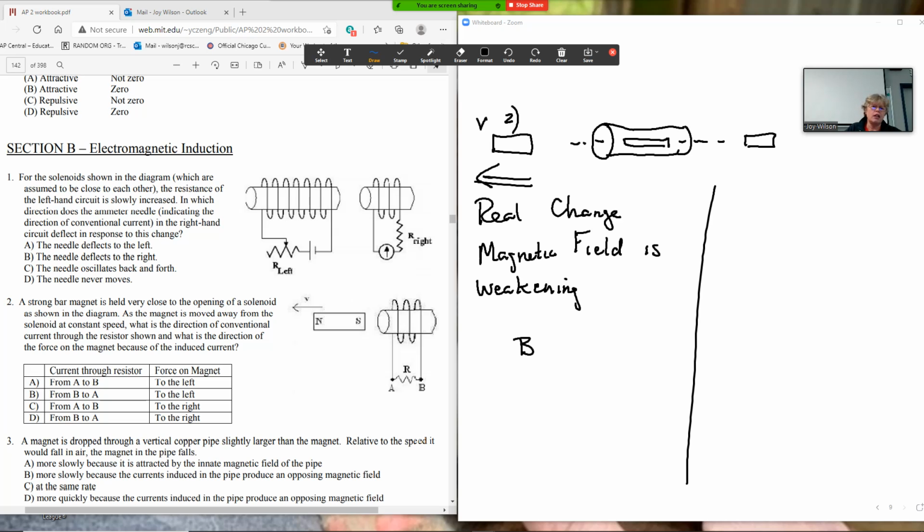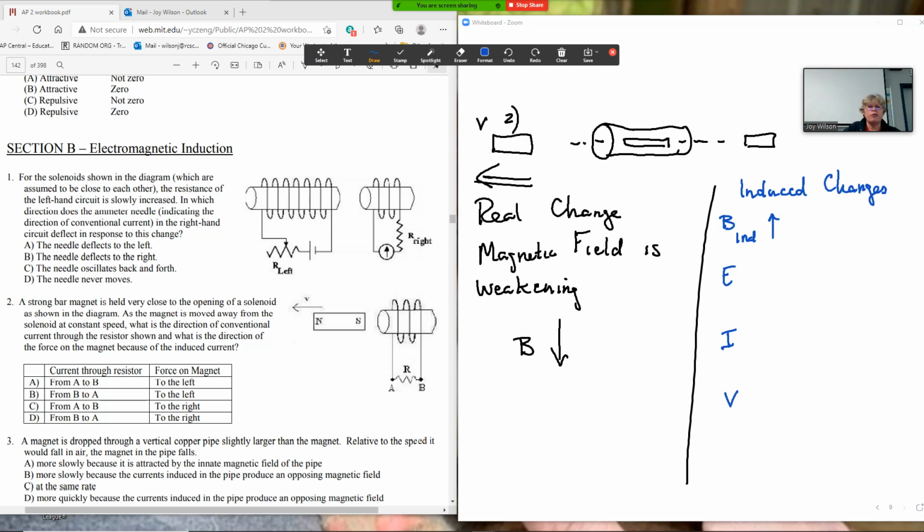Okay, so B is going down. Now, let's go through what the induced changes are. Well, B induced needs to go up. E induced, I induced, and V induced we're going to have to talk about.